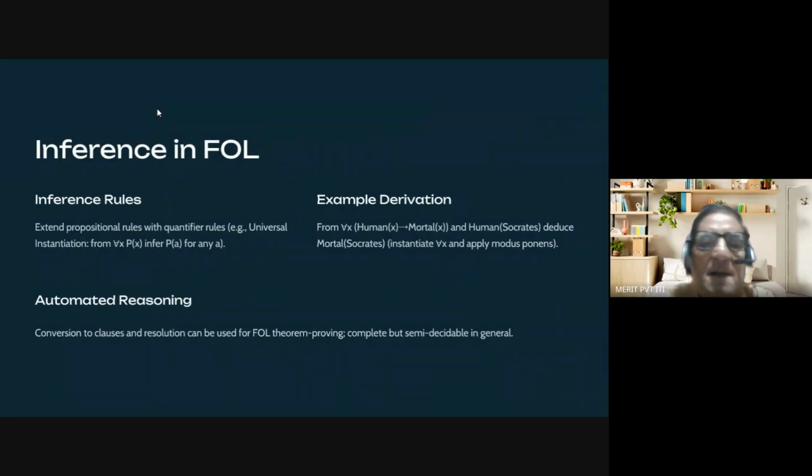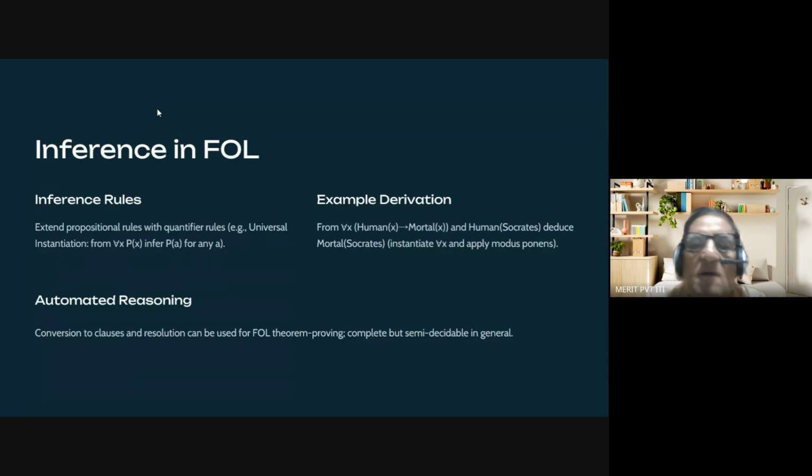Inference rules. For example, extend propositional rules with quantifier rules. For example, universal instantiation: from for all x, P(x), infer P(a) for any a, because if P(x) is valid for all x, therefore P(a) is also valid for any a. For all x, human(x) implies mortal(x), and human(Socrates), deduce mortal(Socrates): instantiate for all x and apply modus ponens.